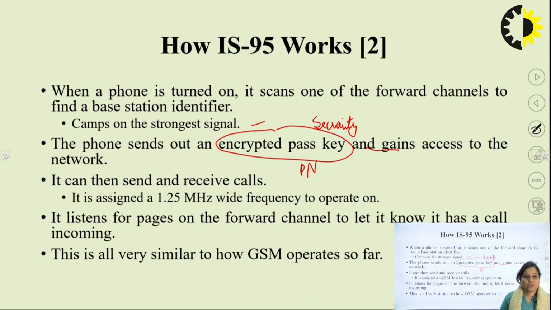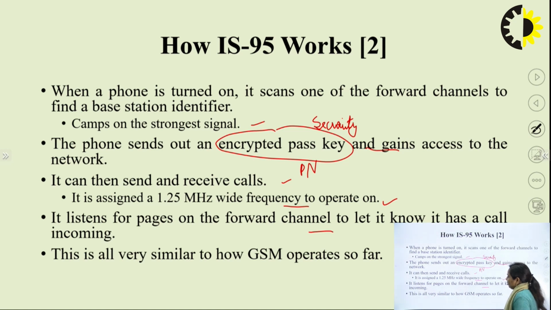Once it matches, only then will the receiver find out what the actual data transmitted is. Now it can send and receive the call. It is assigned a 1.25 megahertz wide frequency to operate on. Then it listens for pages on the forward channel to know it has a call incoming.